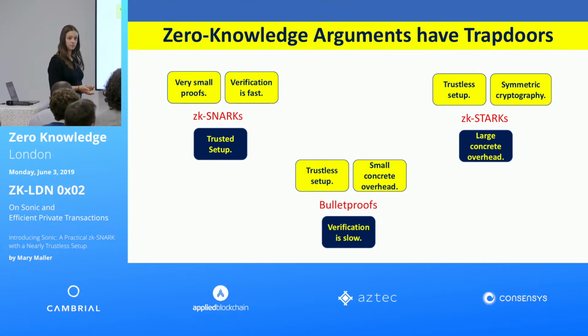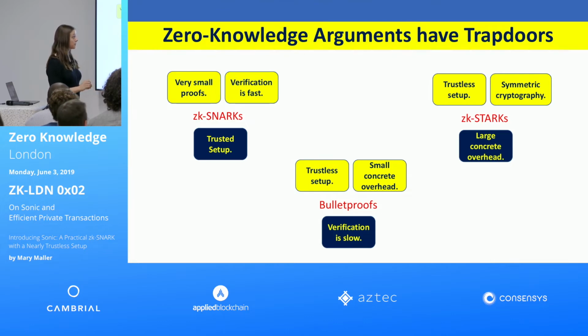Then you have bulletproofs, which have a trustless setup, and also have quite small proof sizes. It's usually only like a kilobyte or something, but their verification is not fast. In particular, their verification is linear in the statement that you're trying to prove. So if you wanted to use them for scalability, then every time you applied a bulletproof, your verifier would grow. So it wouldn't be great for that.